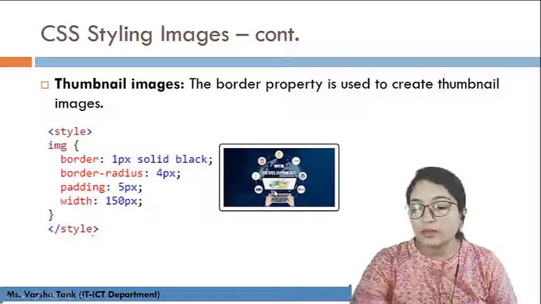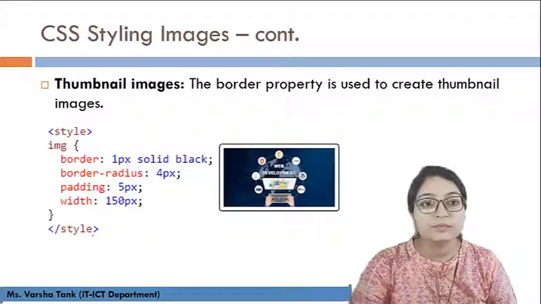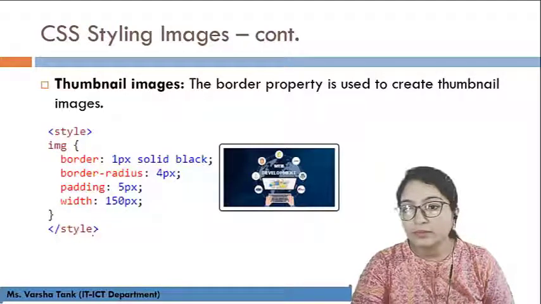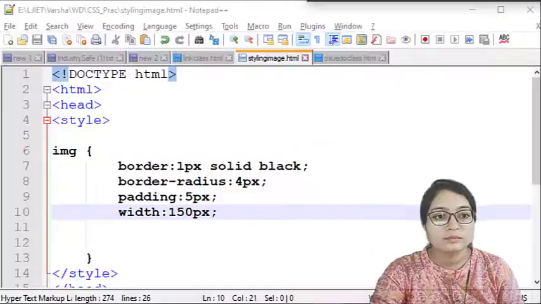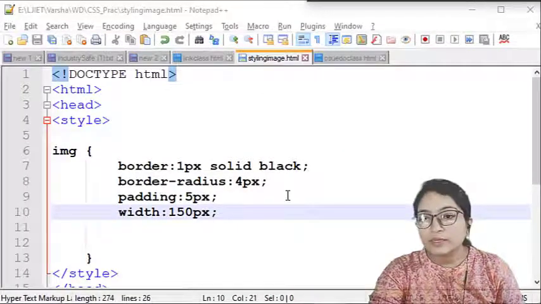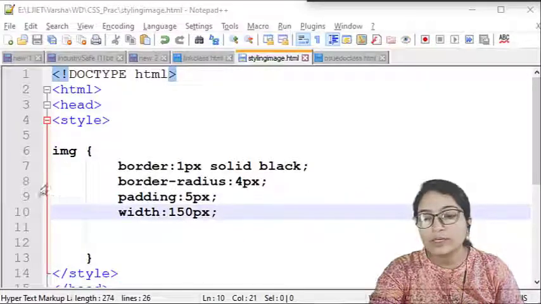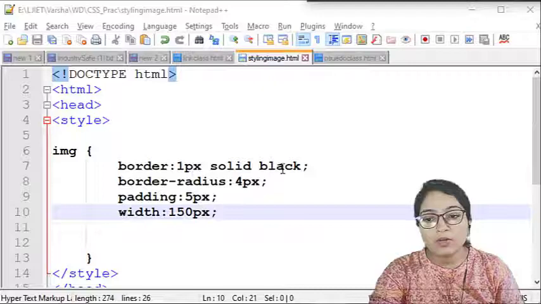Let's see this in a program so you will have a better idea. Let's see this practical, styling image.html. Here you can see that I have already defined these things. In the image portion, I have defined border 1 pixel solid black.